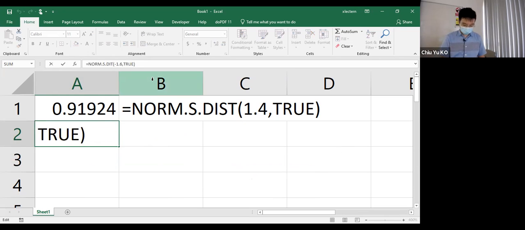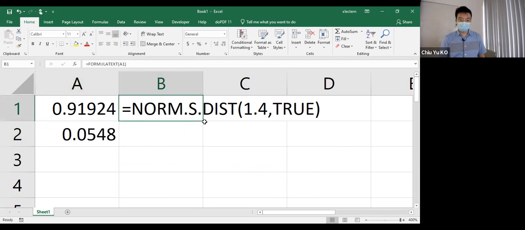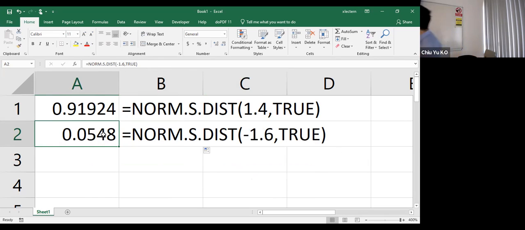Yes, I forgot the S. So the area is rather small. It's only 5%, slightly less than 5%. I hope you can get the answer as I got, because we'll be doing this a lot. Is that okay?